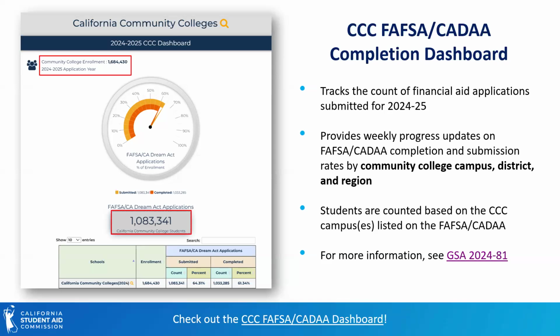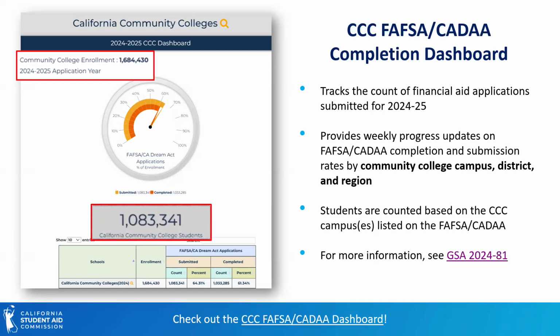But take a look. I feel like this is an excellent tool that's going to be extremely helpful for our California community colleges, especially as they approach the year 2030 and attempt to reach their goals and their vision. So check it out.